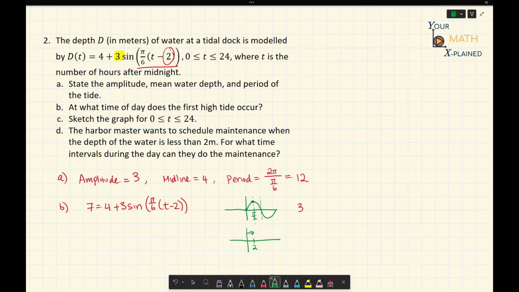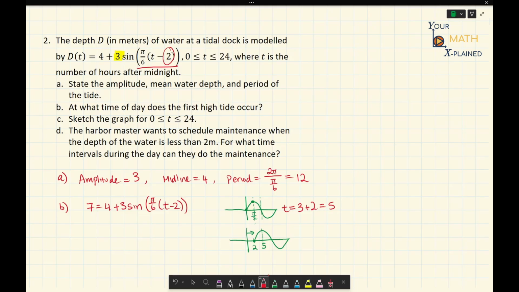So we would have our sine graph starting here, and then we have this shape. And since 1/4 of the way is 3 units, then that means the maximum is going to happen at 2 plus 3. So this is going to be 3 plus 2, which is equal to 5. So t is equal to 5.